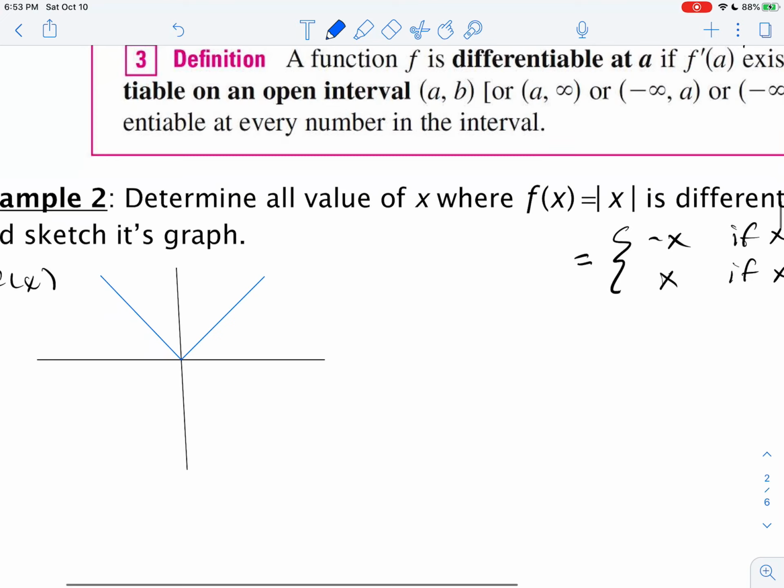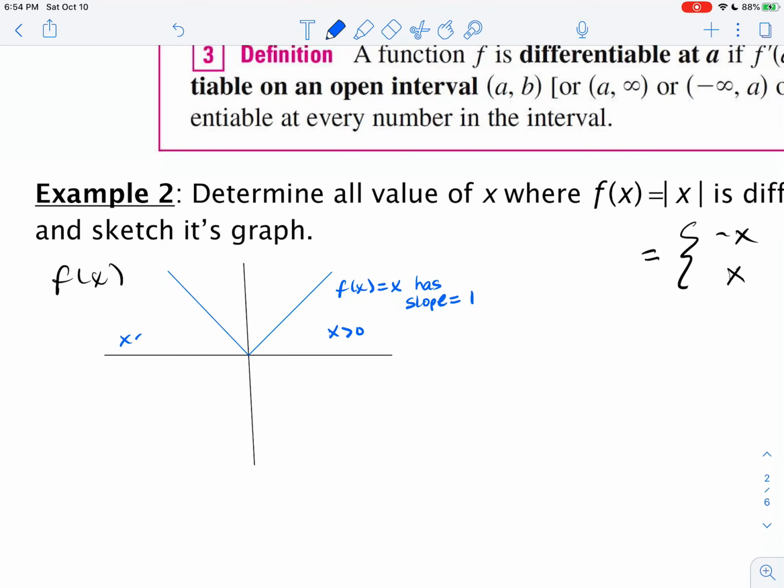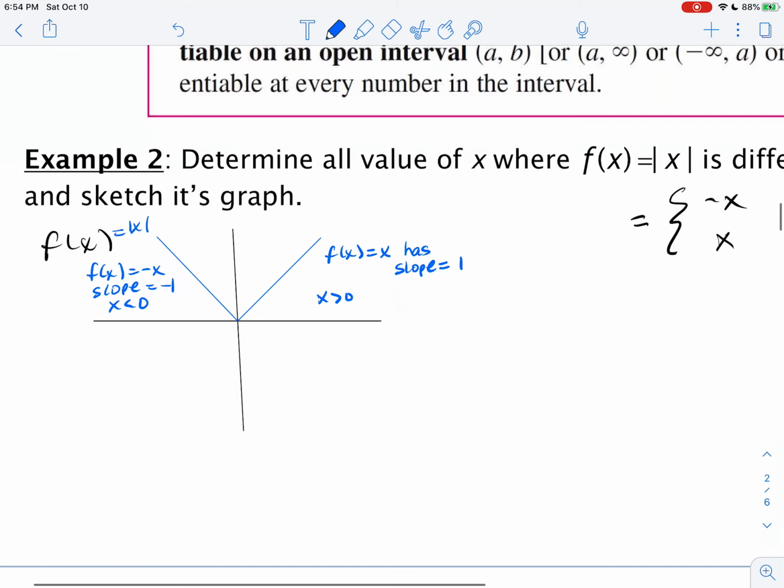So we do happen to know that for x bigger than 0, f of x equal to x has slope equal to positive 1. And for x less than 0, f of x equal to the absolute value of x is equal to minus x, which has slope equal to minus 1, that's mx plus b.